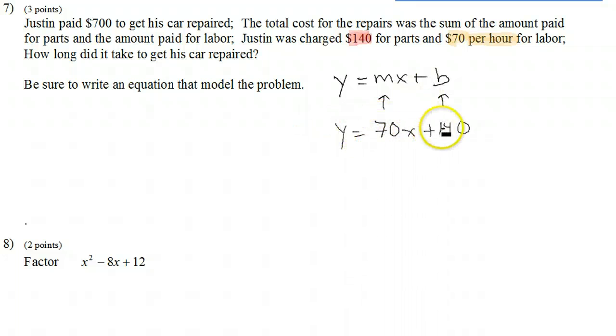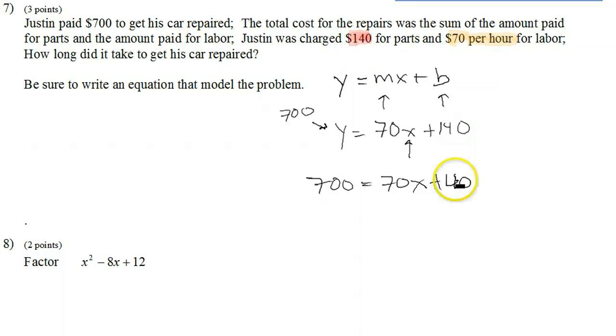So then what we want to do here is figure out how long did it take, so what is our x, given we know that the total is 700. So now we can just plug that in. 700 is equal to 70x plus 140, and we can solve for x, which is the amount of time.